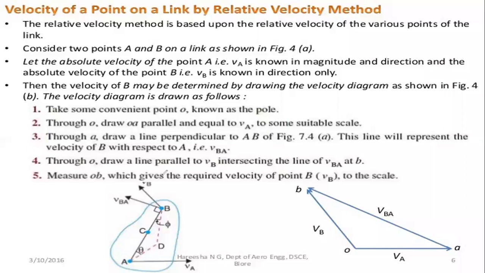So through O, draw a line parallel to VB, intersecting line VBA at B. So this is the intersecting position. And therefore I am measuring the length OB.